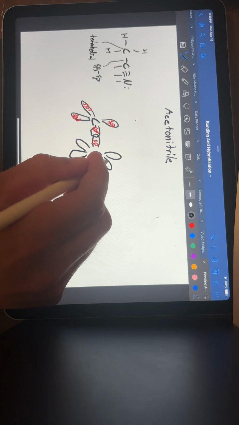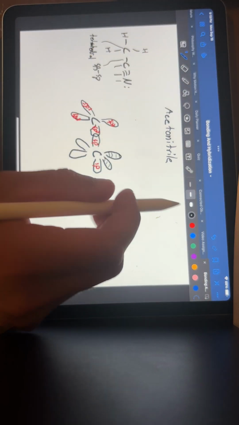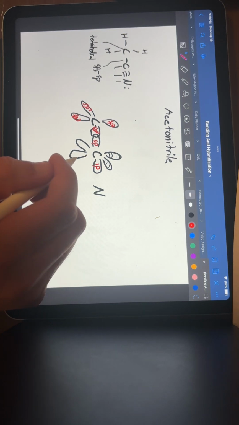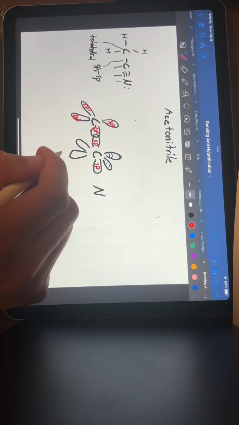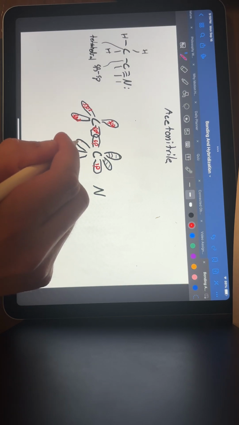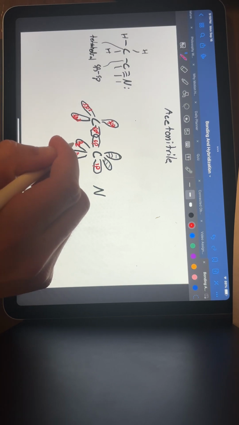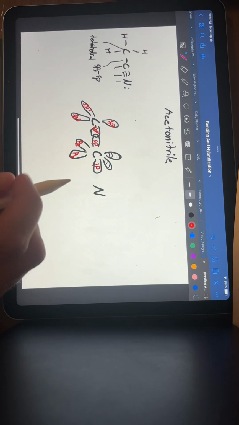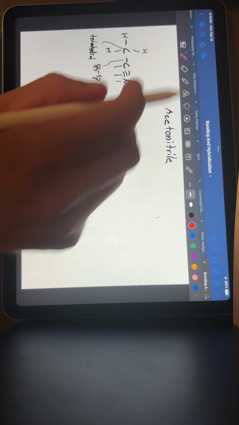Then this is the back, this is the other side there. Those are the p orbitals, py. This will be pz here. We'll get the axes going here in a minute.